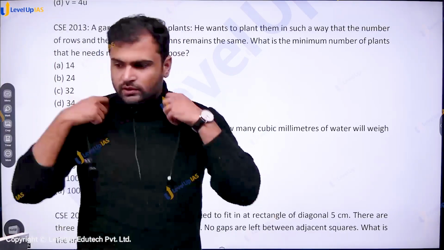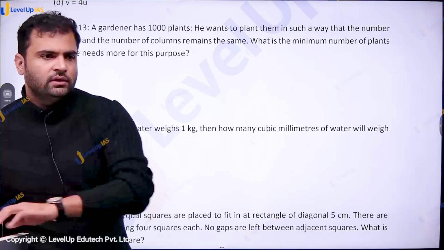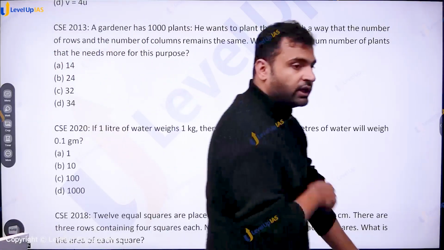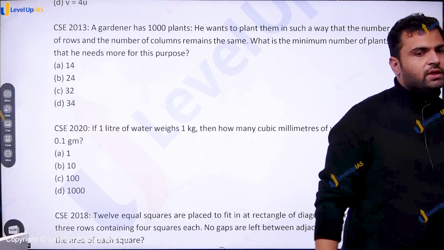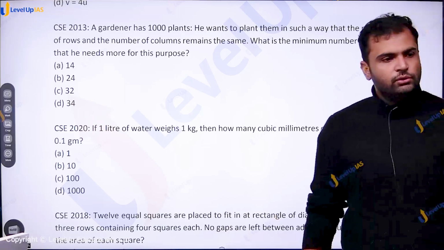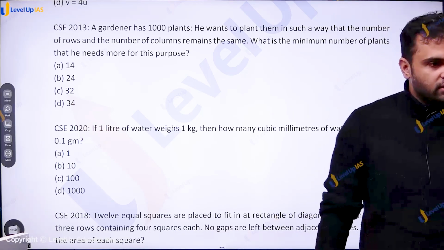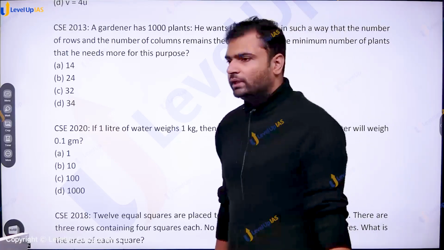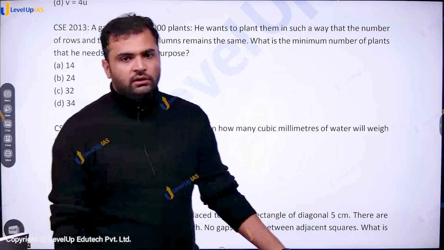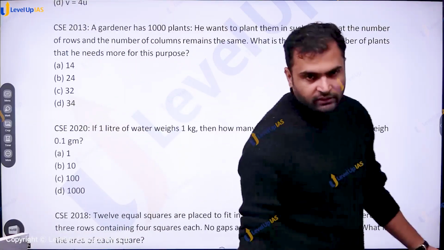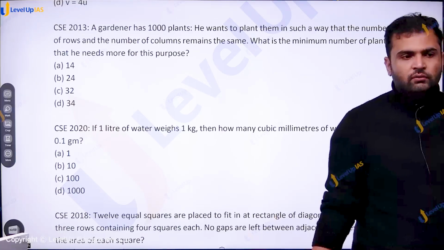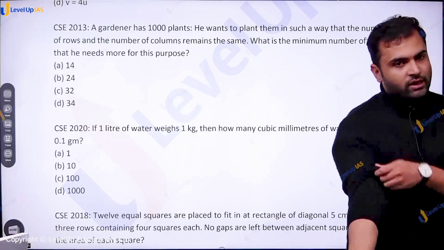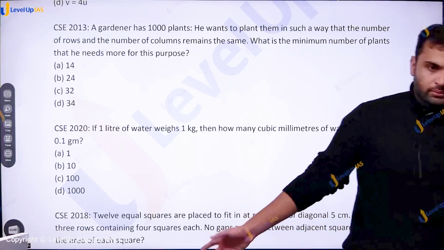So his doubt was that very often, whenever we are solving any question in examination hall, the first reaction is to put the values and try to get the answer. But he says that if in cases that approach doesn't work, then we get panicked and we don't know the right approach, and it kills time as well. What to do?